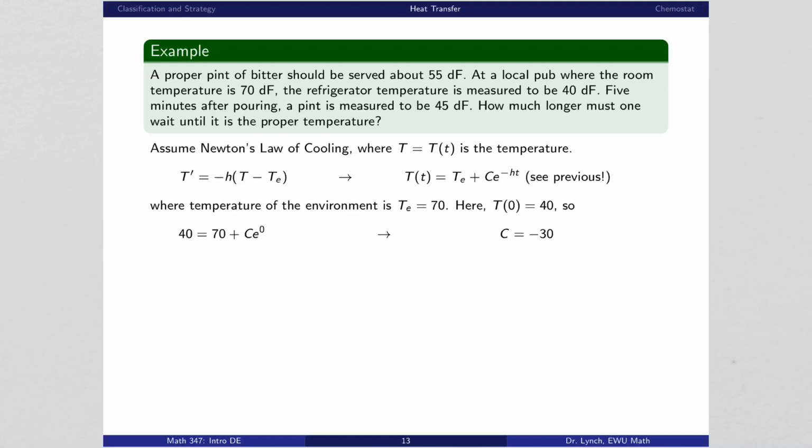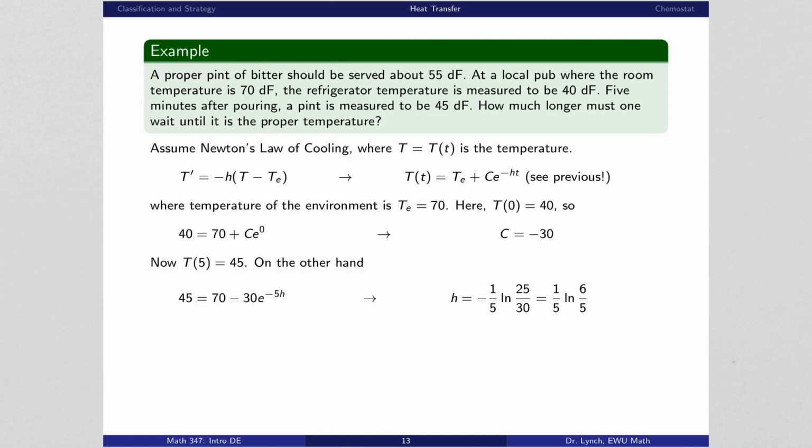30. Now we know one more bit of information in this case. We know 5 minutes after serving the temperature is 45 degrees Fahrenheit, which allows us to solve for the rate h. So on one hand, T of 5 is 45. On the other hand, 45 had better be equal to 70 minus 30 times e to the minus 5h.